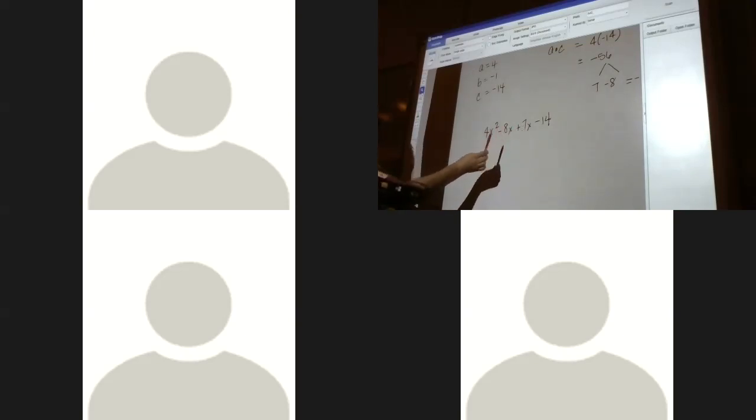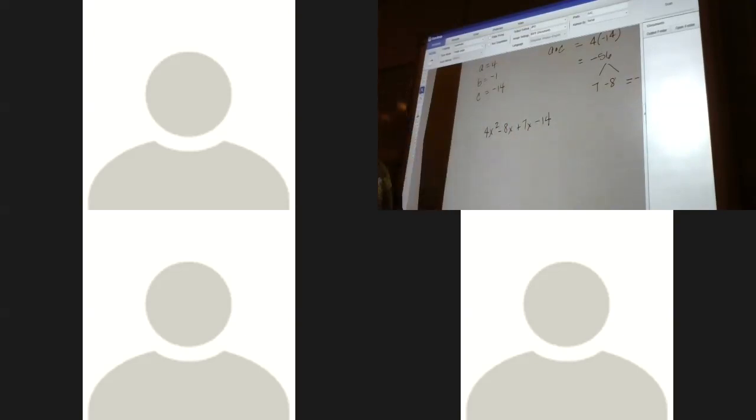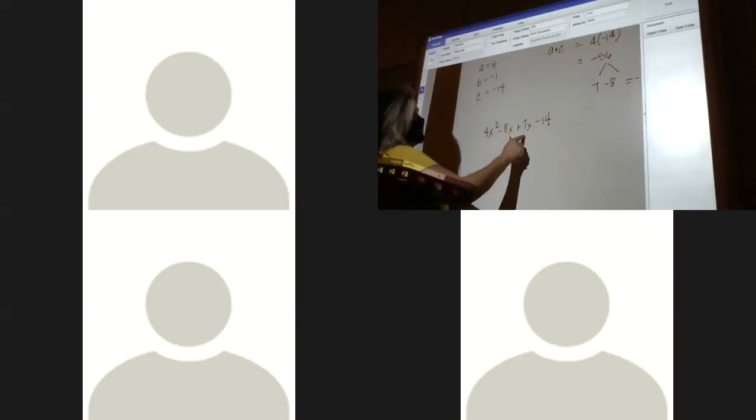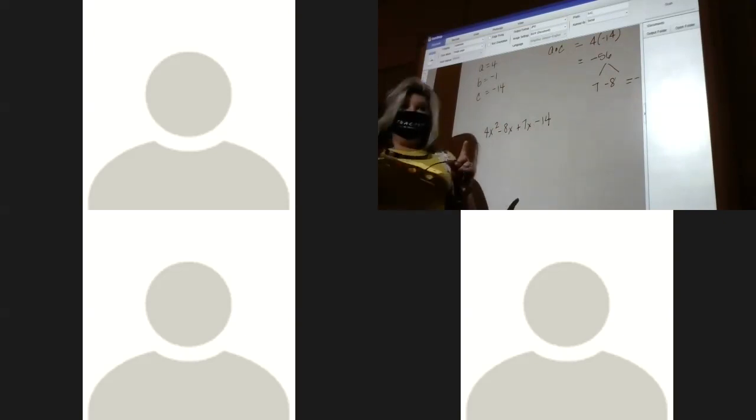If I put 7 in here, would I have a greatest common factor? No. So I chose the 8 because I want that greatest common factor. If I put my 8x with the 14, would I have a greatest common factor? 8 and 14, you would have 2. But don't I get a bigger greatest common factor if I group the 7 and the 14? Yeah. So you want to group them in a manner that will give you the greatest common factor.